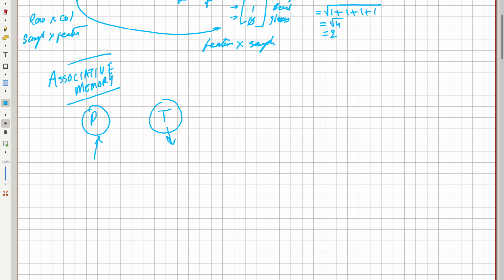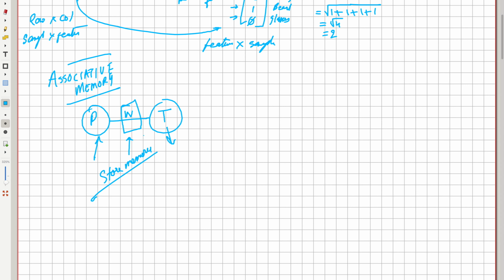So how does it do that? It does that by storing the memory in something called a weight matrix. And that's the beautiful part of this theory: how does one store memory in a weight matrix.